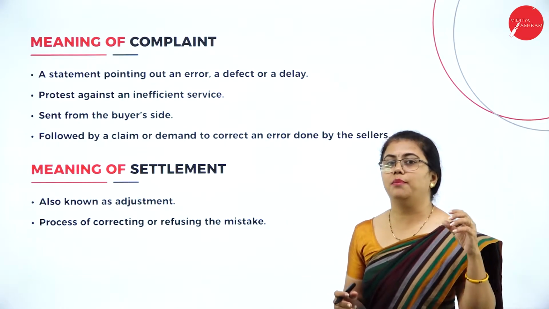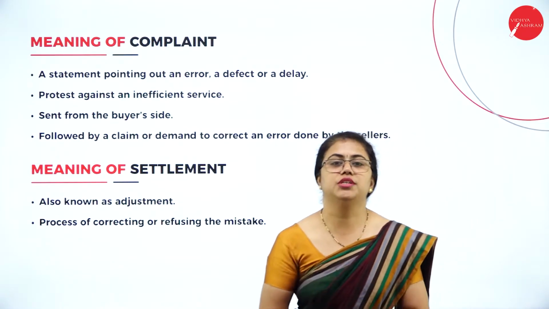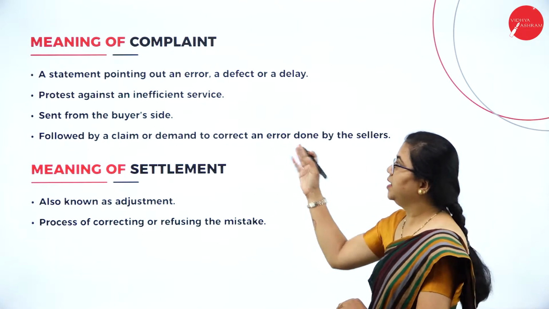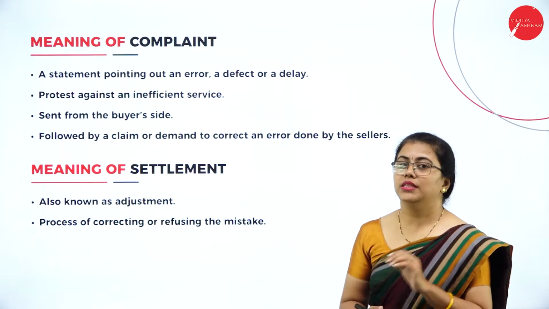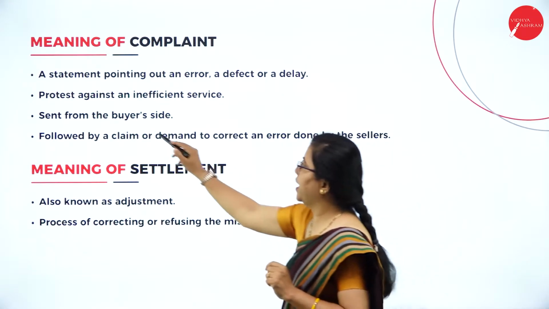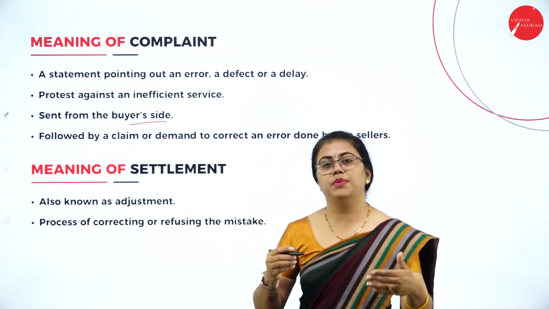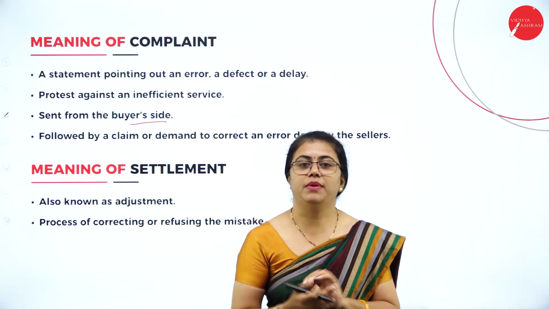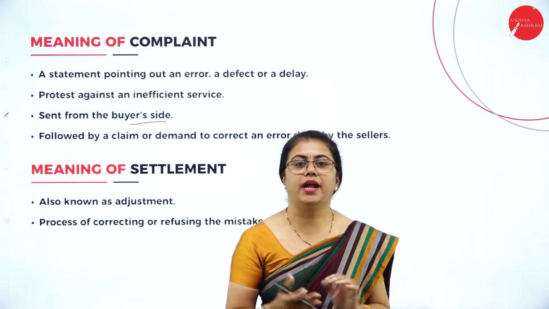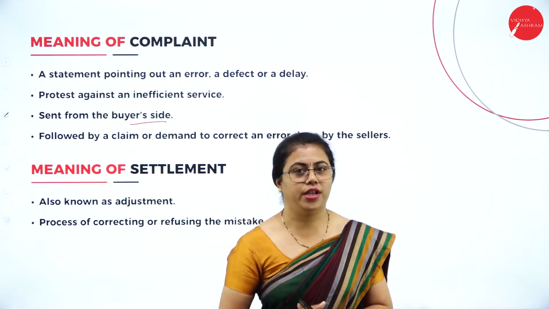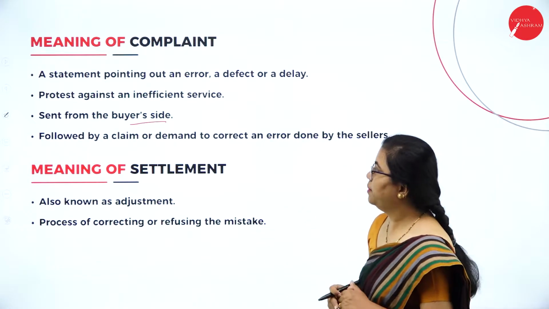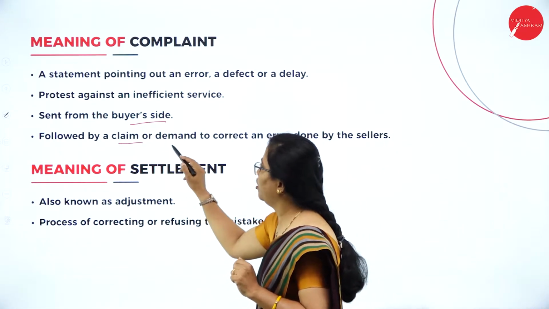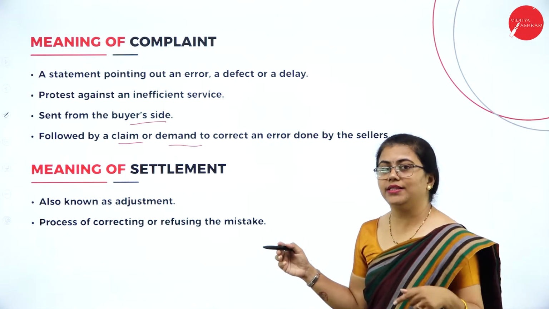It is actually a protest against the inefficient service that is given by the supplier. This is an inefficient service and also this is sent from the buyer's end. So whoever is the supplier, that person will be committing a mistake and the person who is buying it will be giving the complaint. That means he will be identifying the error and he will be pointing it out. This will actually be followed by a claim or maybe a demand to correct this mistake.